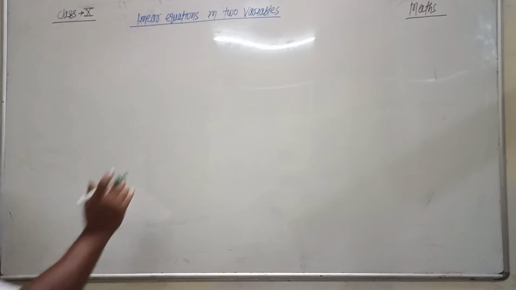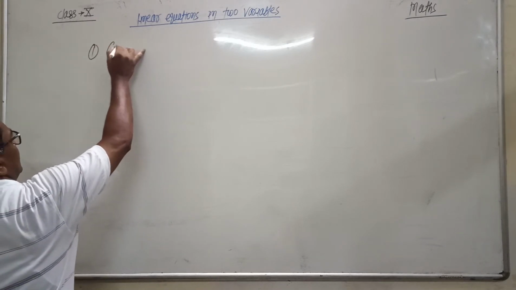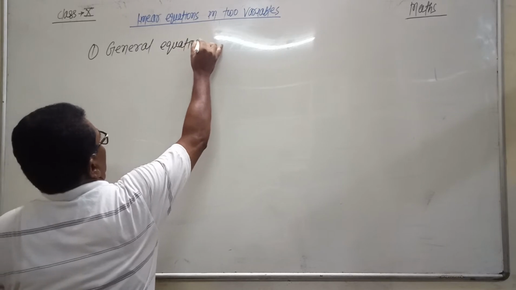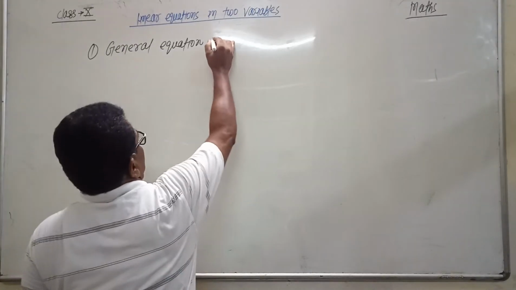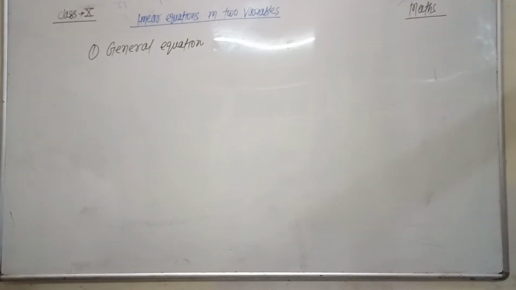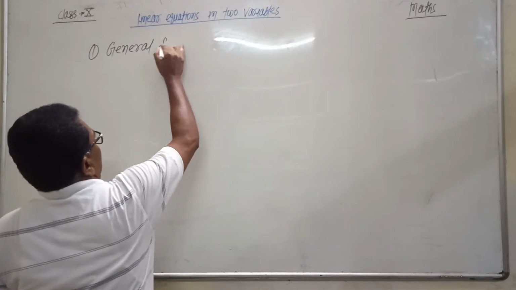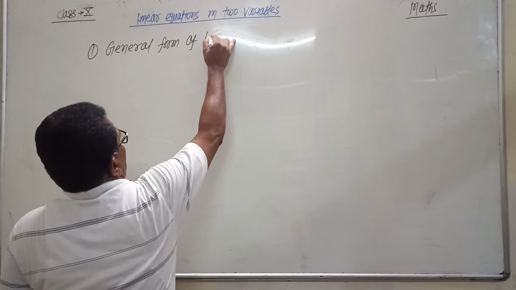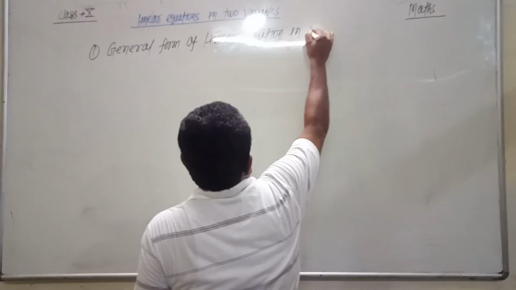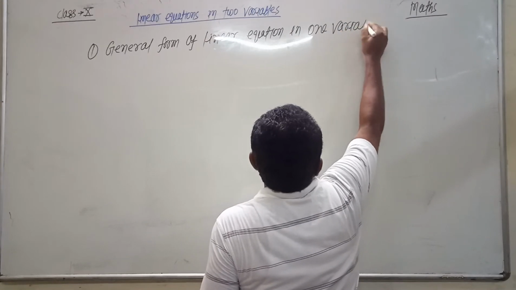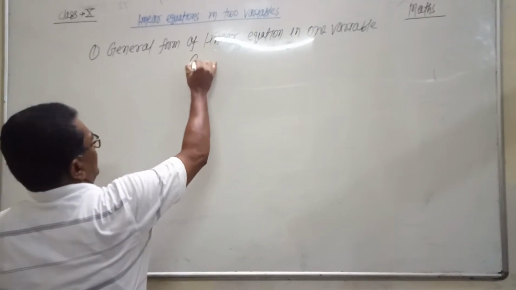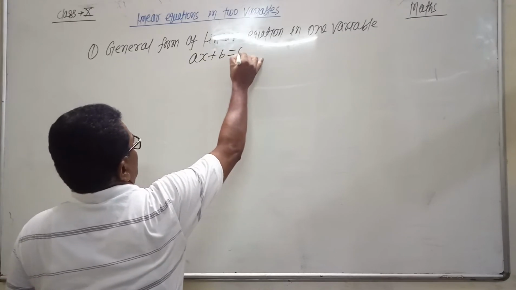The general form of linear equation in one variable is given by ax plus b equals to 0.